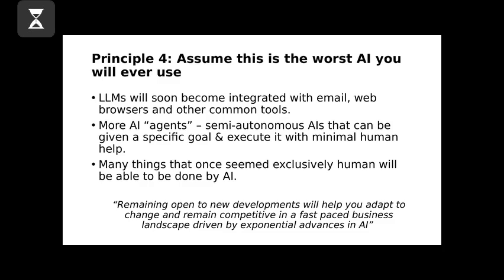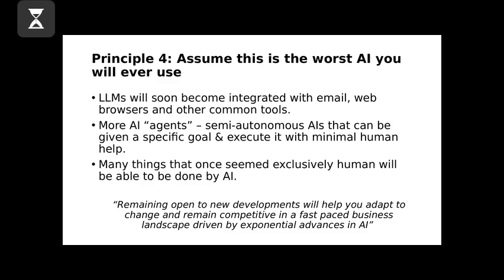He argues that LLMs will soon become integrated with email and web browsers, and we're going to see more AI agents, or semi-autonomous AIs, that we can give a specific goal, and they will execute it with minimal human help. Many things that we took for granted as being exclusively human will be able to be done by AI.